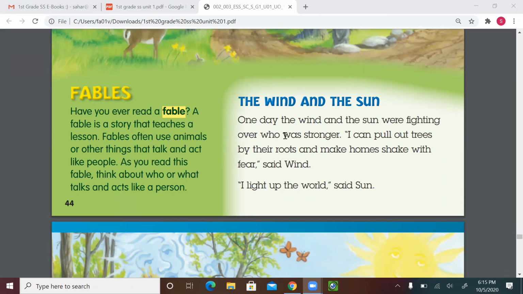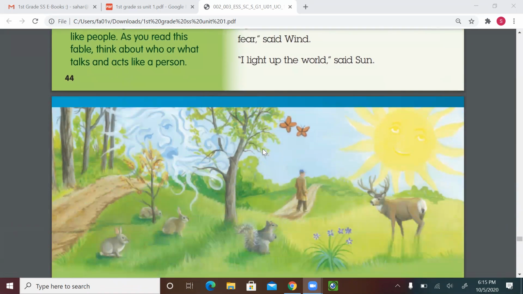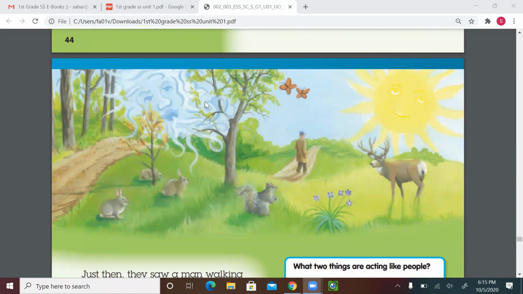They were fighting over who was stronger. Very good. Who went first when the sun came up with the idea? Very good. The wind went first, and then the sun hid behind the clouds.